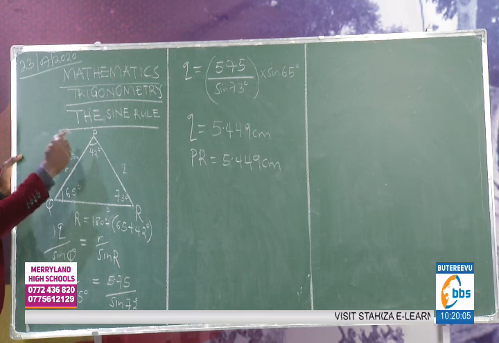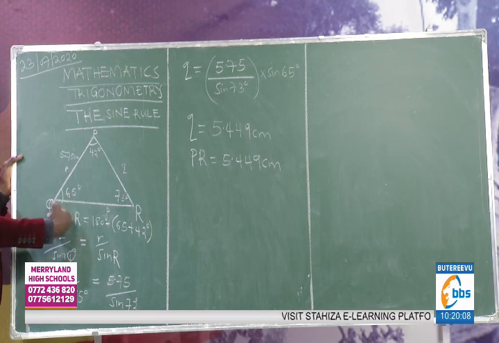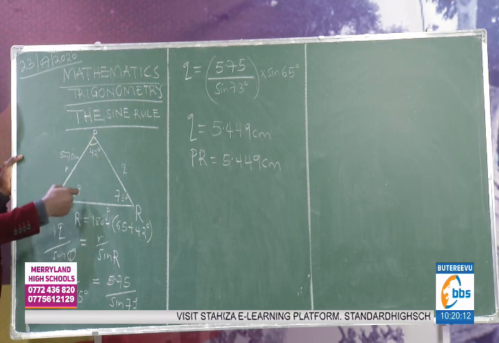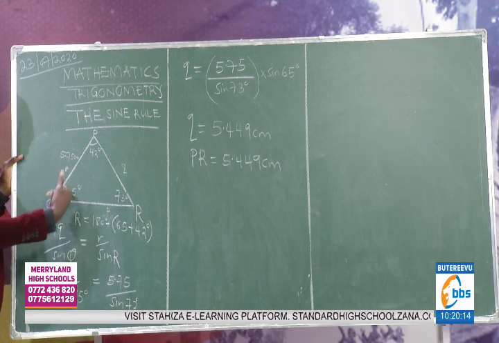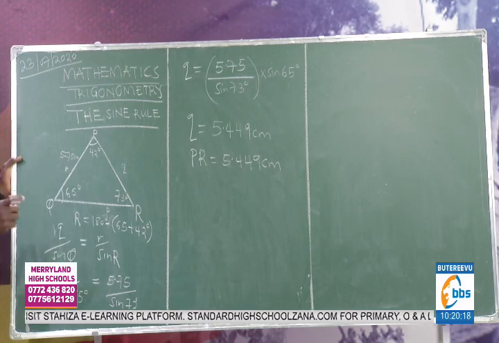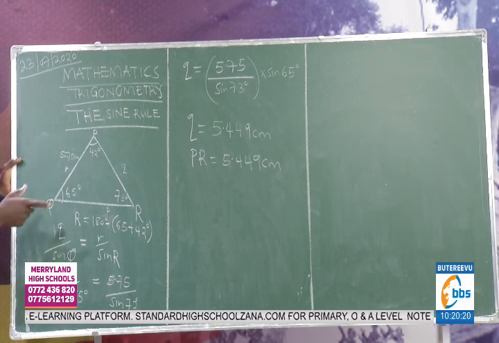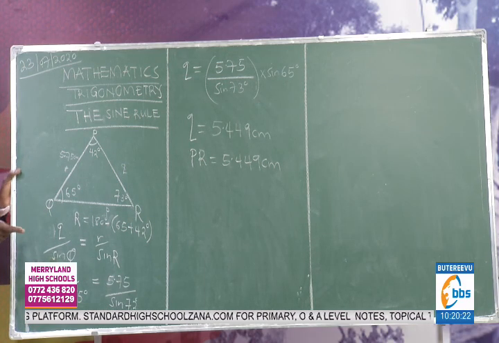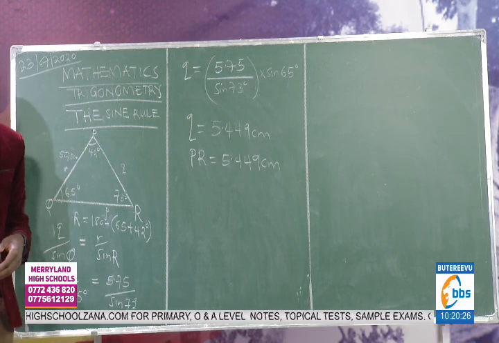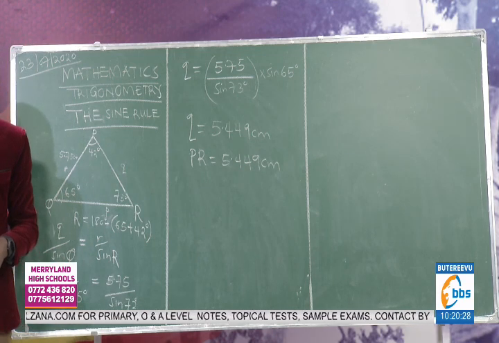If I want to get small p, which is 2r, I can get p out of sine P equal to 2 out of sine Q. Also, I can say it will be equal to r out of sine R. So the answer will be the same, whichever two you take. So that is our first number in the questions that we have. You see the answer is true because you also have the answer 5.45.